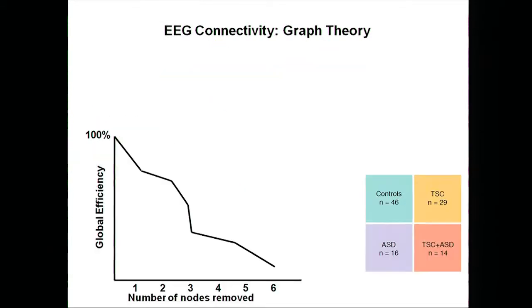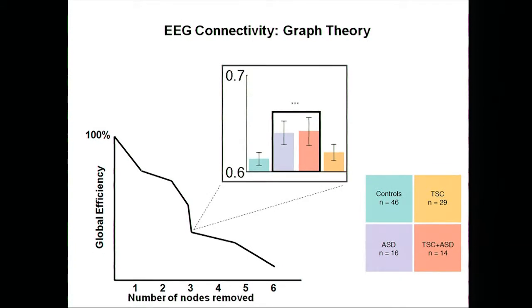So when we do a targeted attack on our EEG networks, we can see that with the removal of every node, the global efficiency goes down stepwise from 100% of its original value. This is just a cartoon that I made up. But if you look at our populations again, we can now see that the autistic population stands out clearly, and not with decreased resilience, what you may think intuitively, but actually with increased resilience.